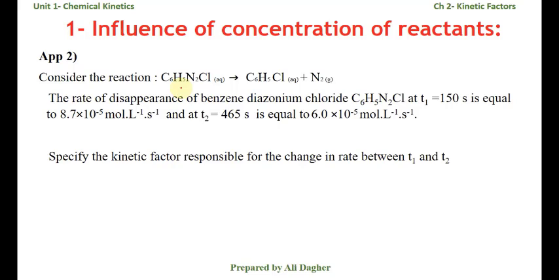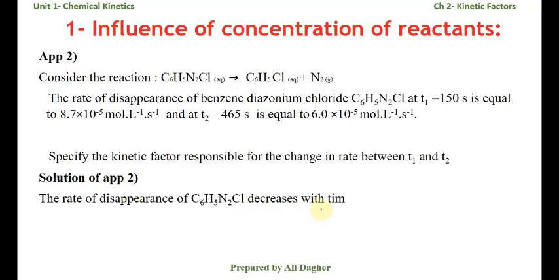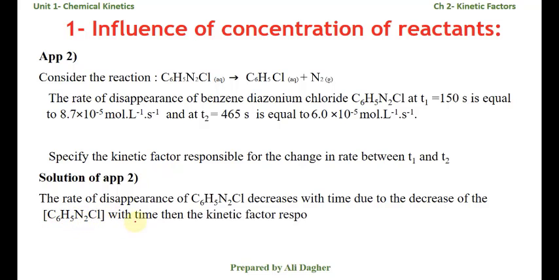So the kinetic factor is the concentration of C6H5N2Cl. Solution: the rate of disappearance of C6H5N2Cl decreases with time due to the decrease of the concentration of C6H5N2Cl with time. Then the kinetic factor responsible for the change in rate is the concentration of C6H5N2Cl.